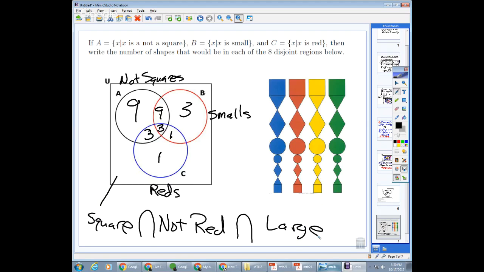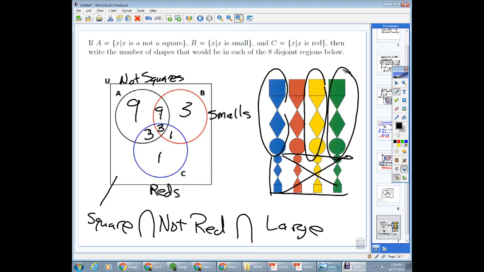Okay, what shapes fit the square, not red, large? So large puts me in the top area, right? And then I can forget about these guys down here. Not red. So that means I either want this group, or that group.